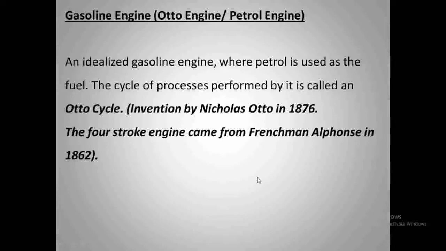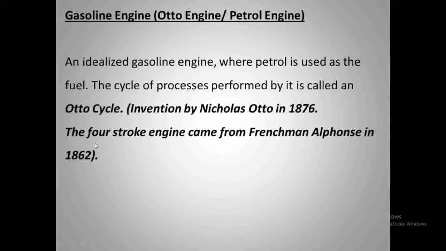It mainly has four strokes, which I will detail in the next slides. The concept of the four-stroke engine came from the Frenchman Alphonse in 1862, and the idealized gasoline engine and the Otto cycle were invented by Nicholas Otto in 1876.